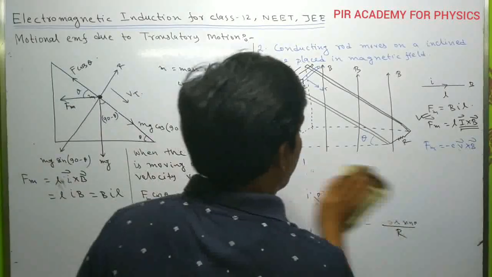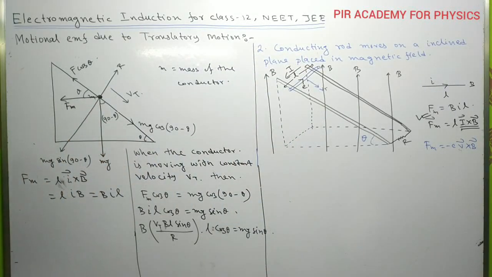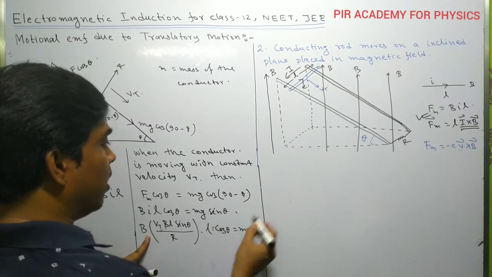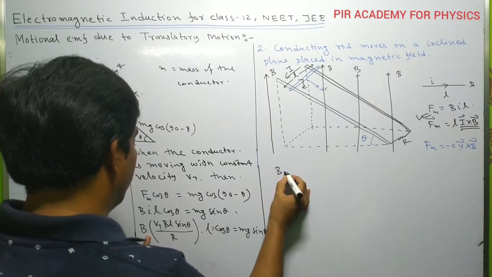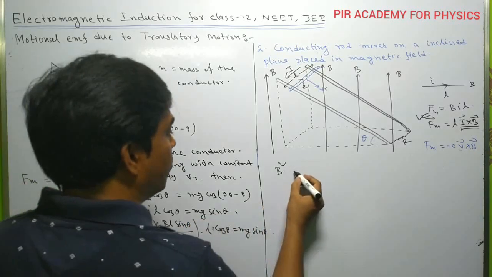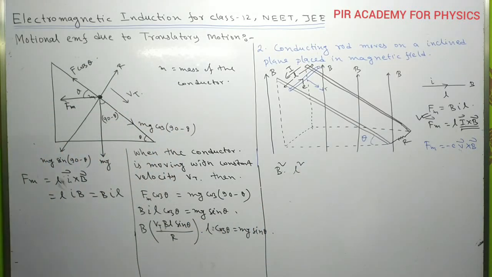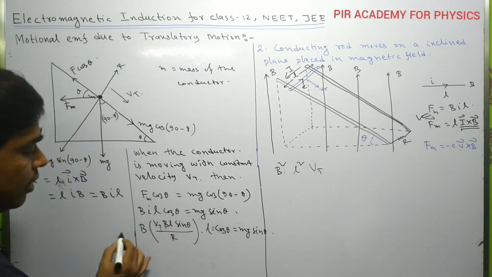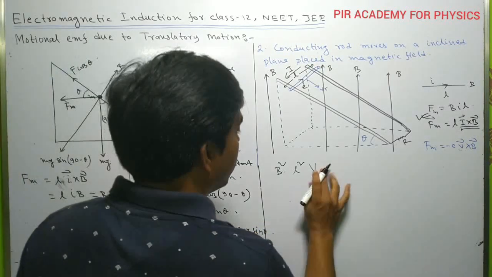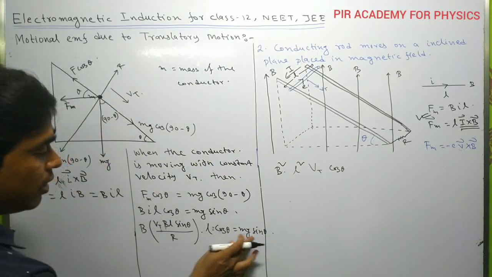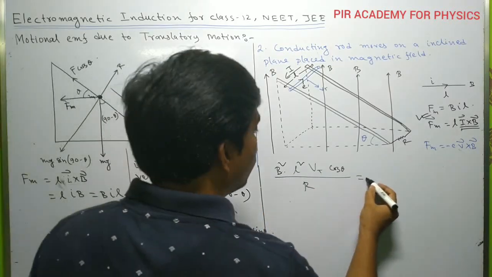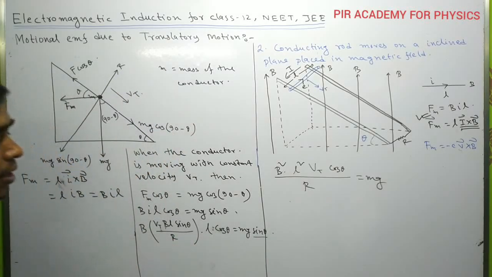Now you have to find out V t. Here B into B is B square, L into L is L square, so B square L square into V t. The sin theta and sin theta cancel out, leaving cos theta, divided by R, equals mg, because sin theta cancels.